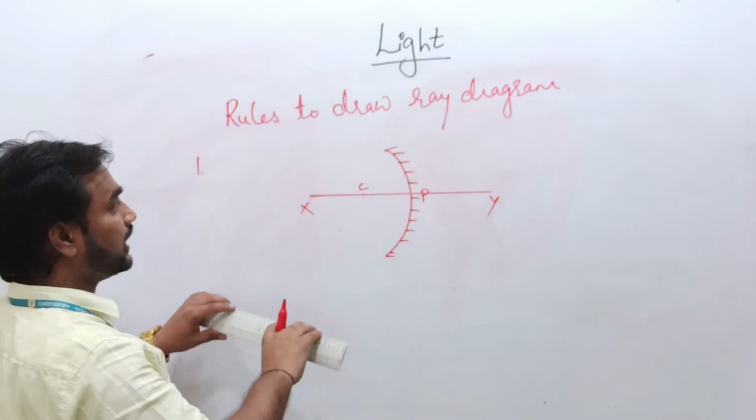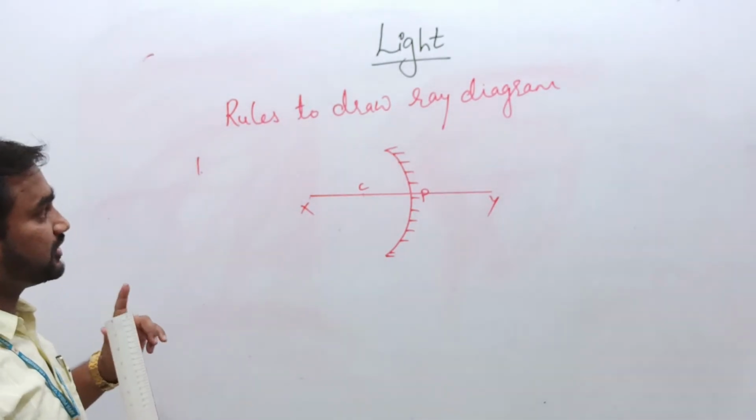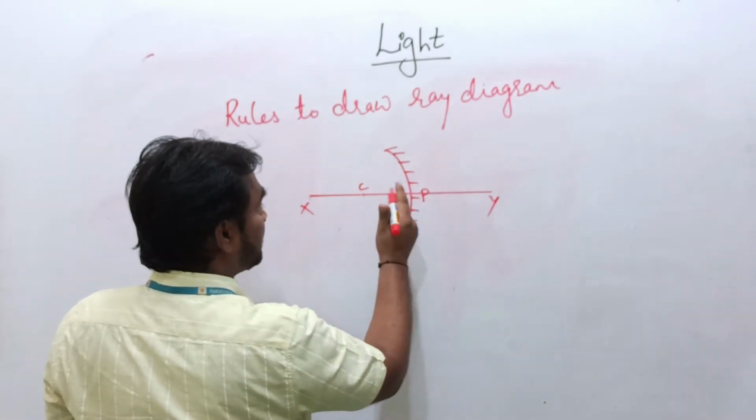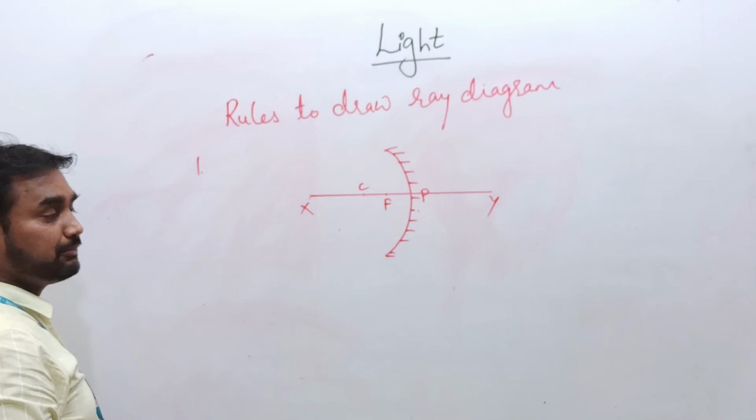Is that clear? Next, the first rule. The midpoint of this is F, I'll write it as F. F is the principal focus.